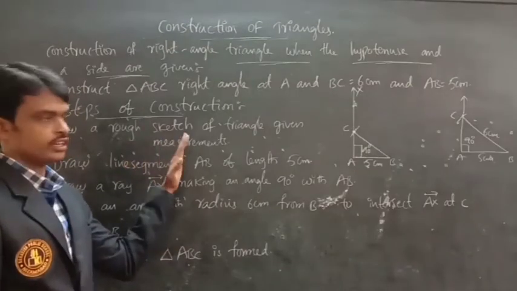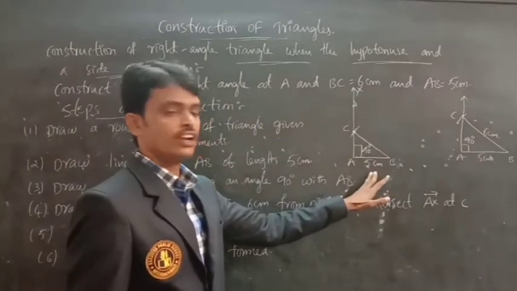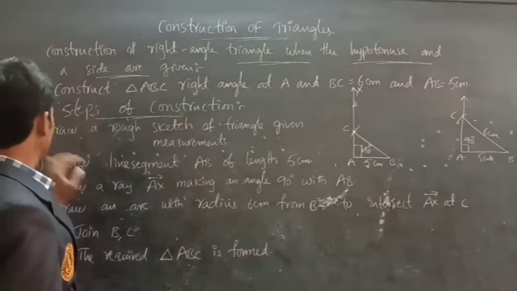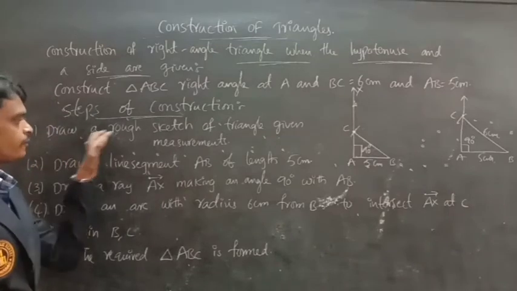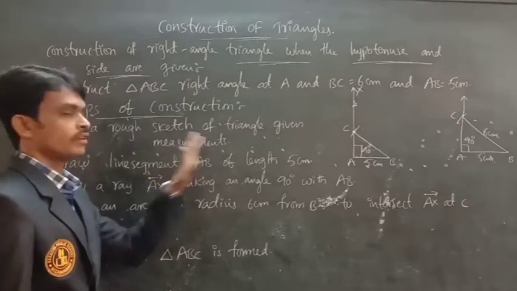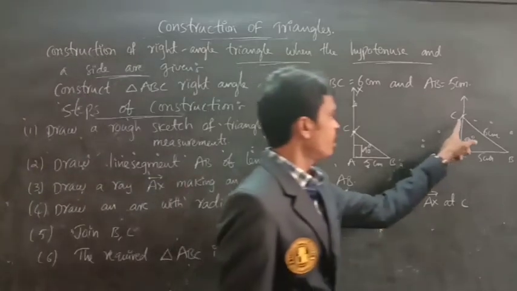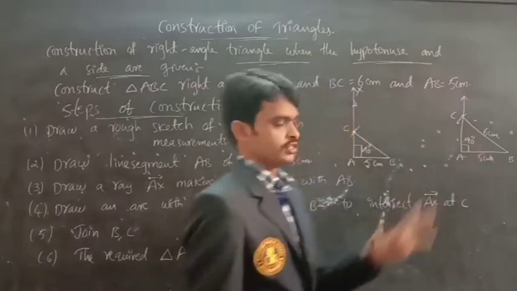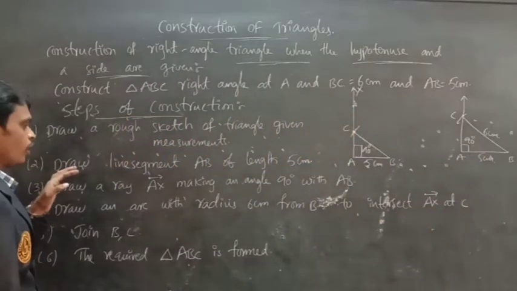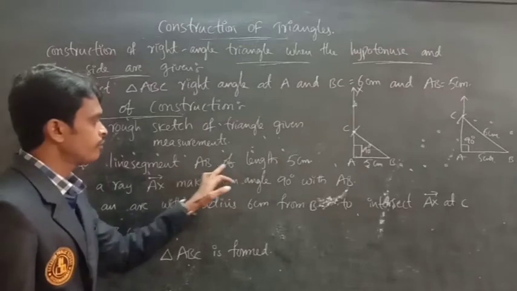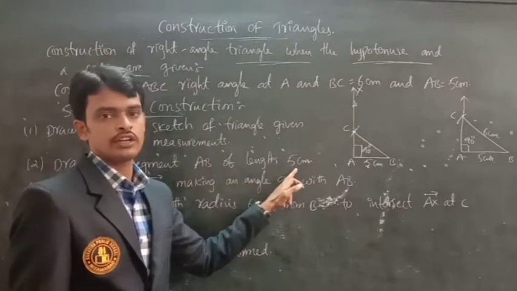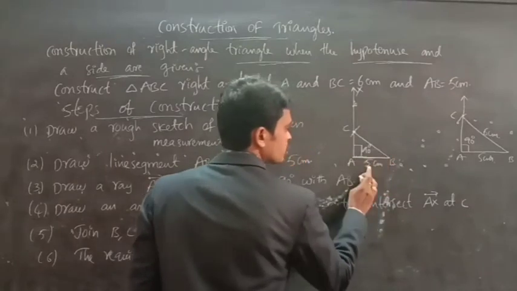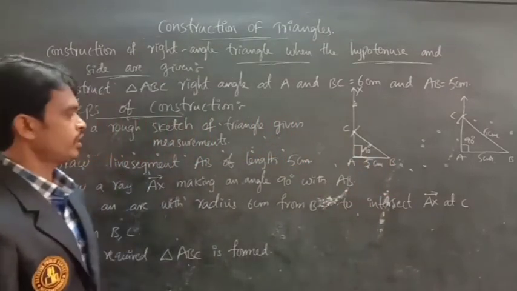Steps of construction. After constructing the right angle triangle ABC, you should write the steps of construction. First step, draw a rough sketch of the triangle using the given measurements. Second step, draw a line segment of length 5 centimeters using a ruler.